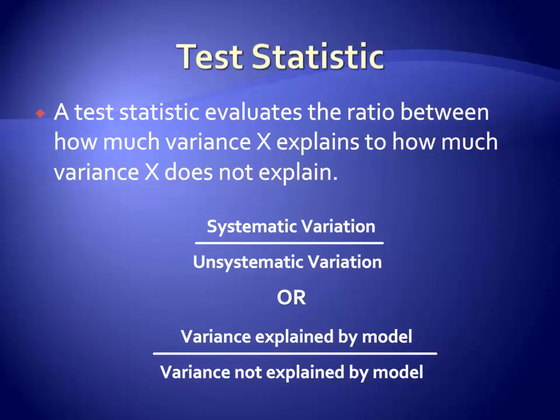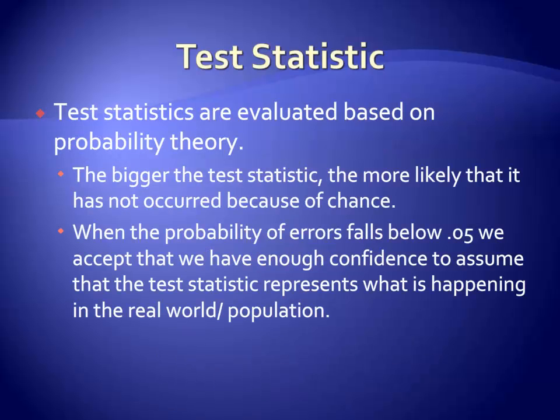This statistic represents the amount of shared variation between the variables in relation to the total amount of variation in the model. After computing the statistic, we use probability theories to determine if the test statistic we obtained was larger than what we would expect by chance.